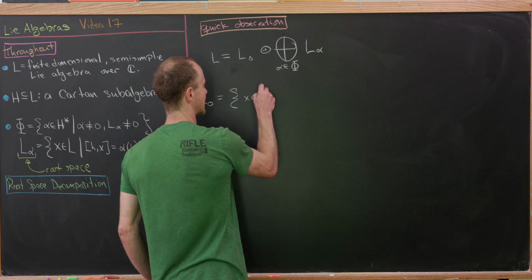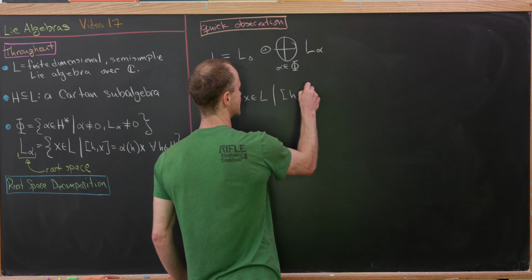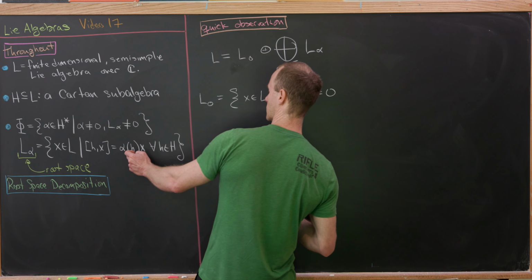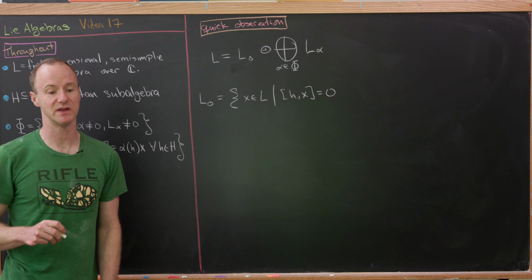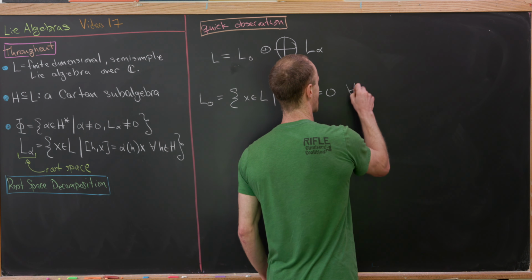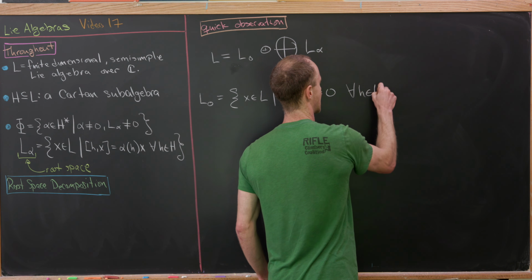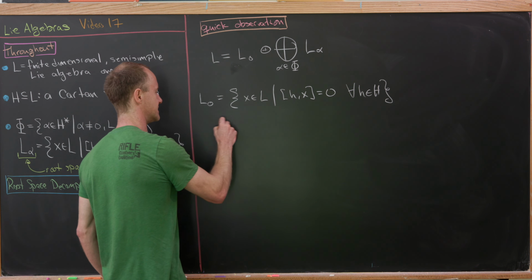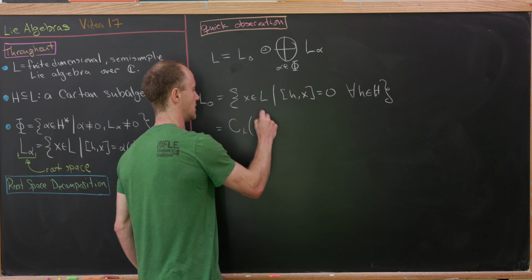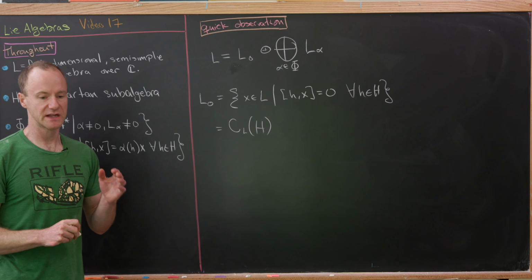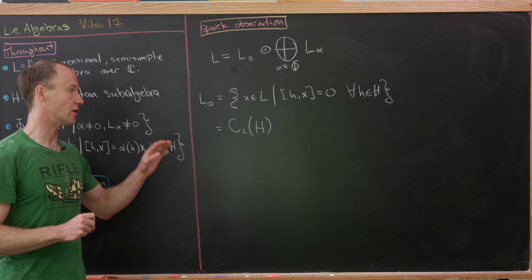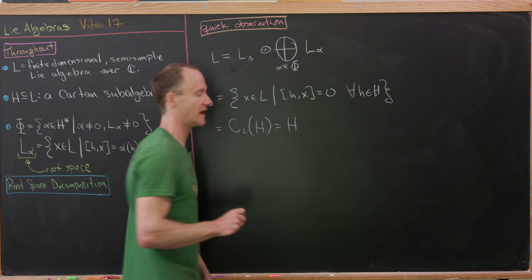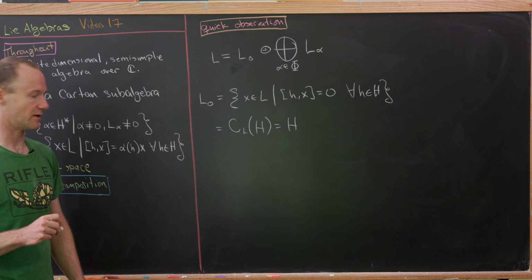That's going to be all x in L such that h bracket x is equal to, well, notice that it's going to be 0 times x. In other words, it's going to be 0. And this is going to be for all h inside of H. But there's a name for this, and that is the centralizer in L of H. But then let's recall in the last video, we proved that the centralizer of H in L is in fact equal to H, this Cartan subalgebra.